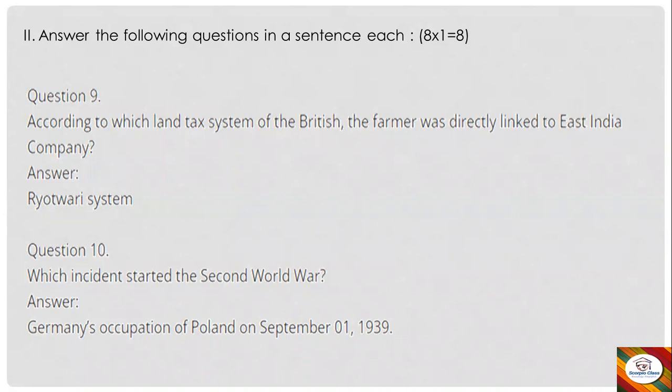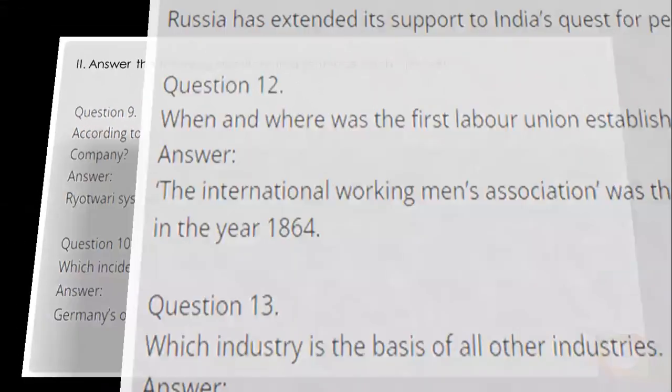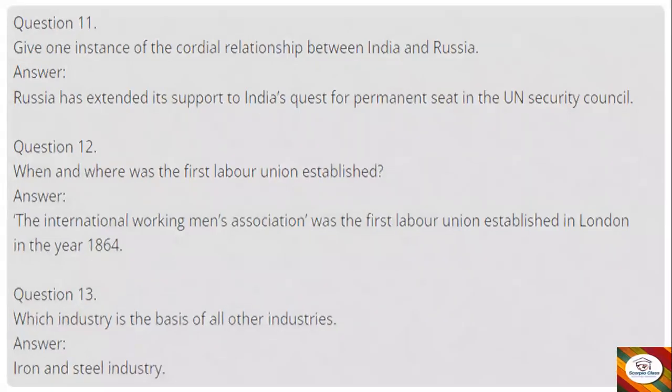Question 10. Which incident started the Second World War? Answer. Germany's occupation of Poland on September 1, 1939. Okay, so this started the Second World War. Next, question 11. Give one instance of the cordial relationship between India and Russia. Answer.